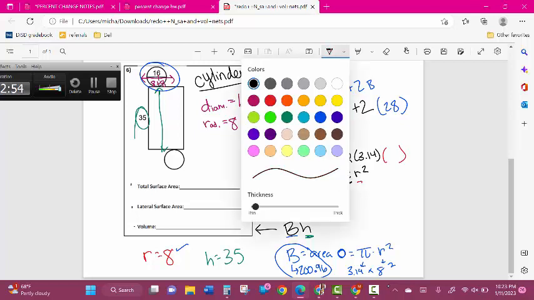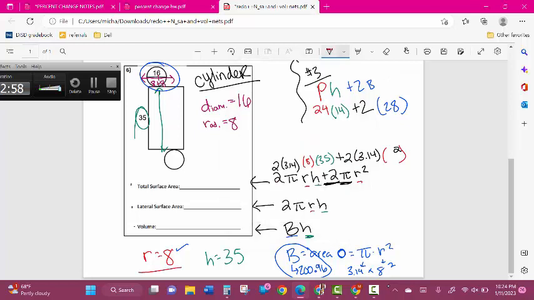Well, r from this circle is 8. So that's times 8 squared.